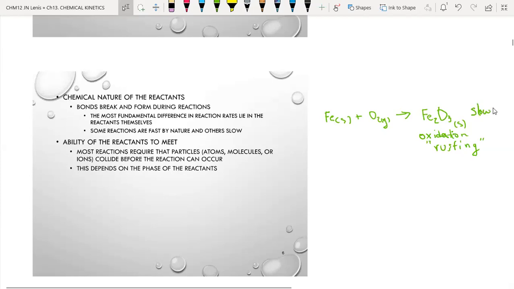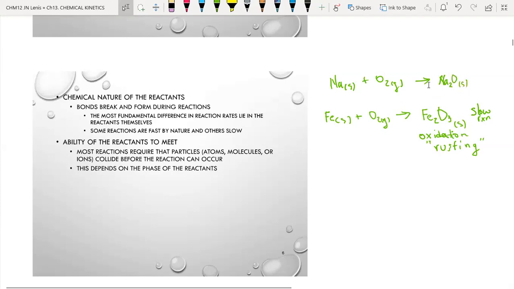A slow reaction compared to that of sodium solid plus O2 gas to form the oxide, the metal oxide, solid.